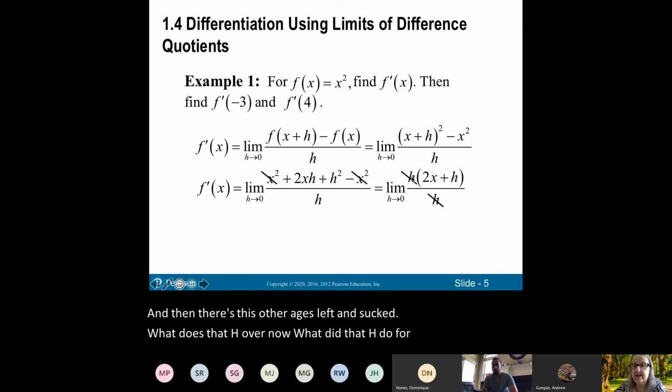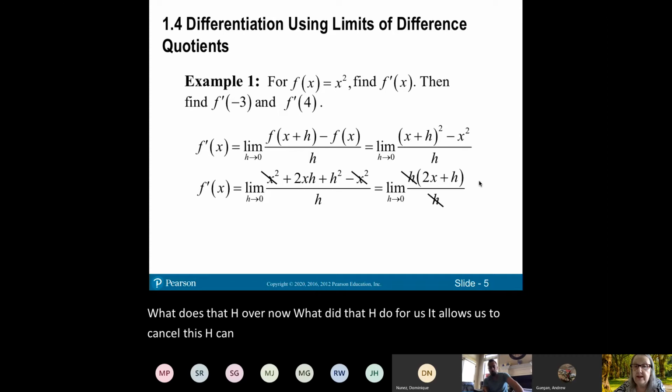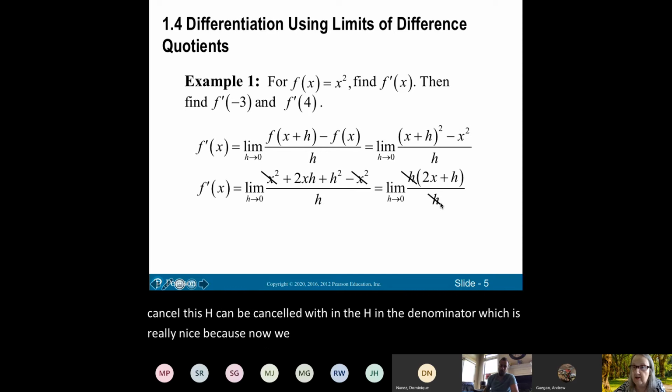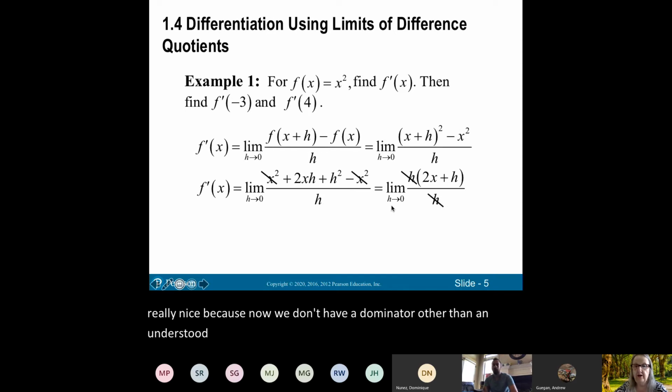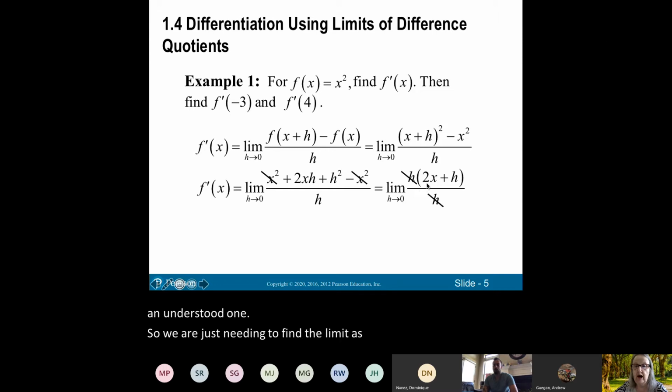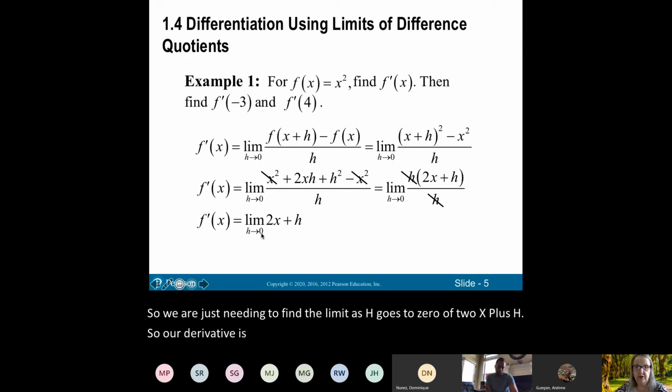It allows us to cancel this h with the h in the denominator, which is really nice because now we don't have a denominator other than an understood one. So now we just need to find the limit as h goes to 0 of 2x plus h. So our derivative is now the limit as h goes to 0 of 2x plus h.